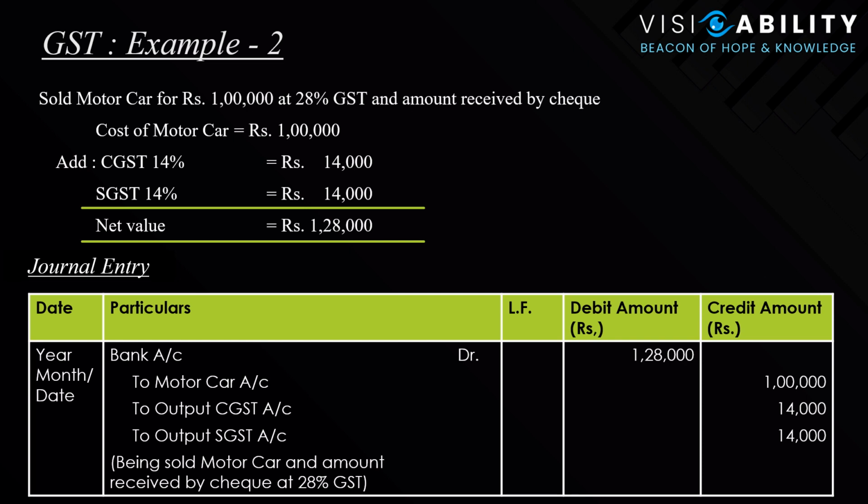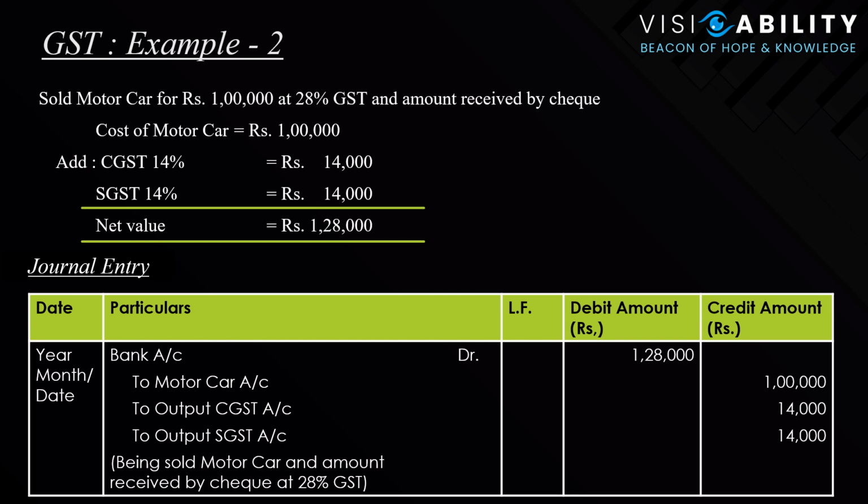So do remember, the word input and output has to be added whenever you are accounting GST. Both the GSTs cannot be just written as it is, as CGST and SGST. I hope this makes your point clear as far as the accounting of CGST and SGST is concerned.